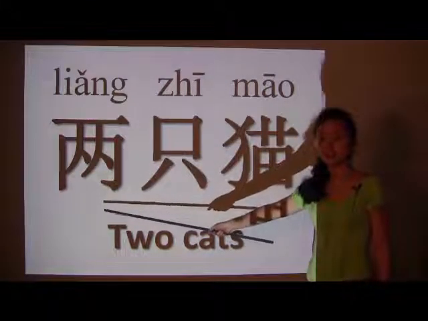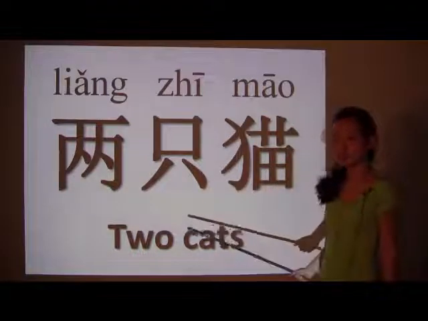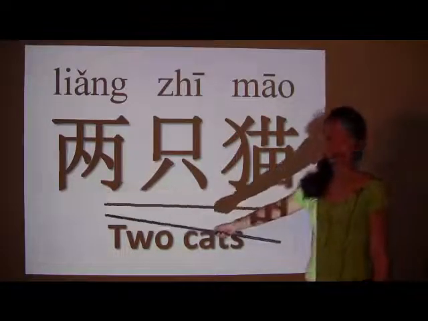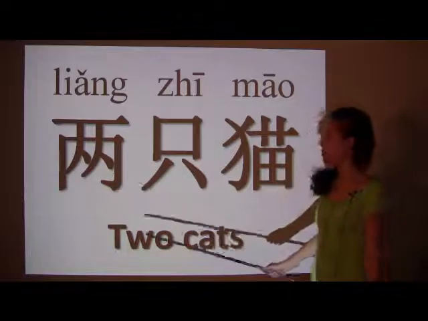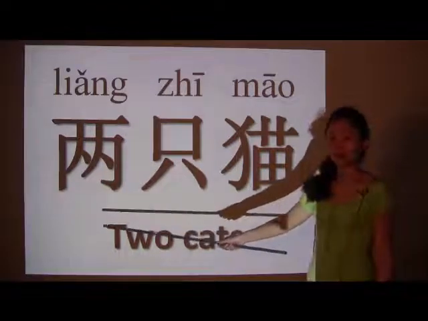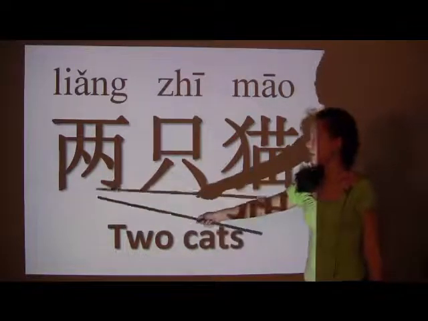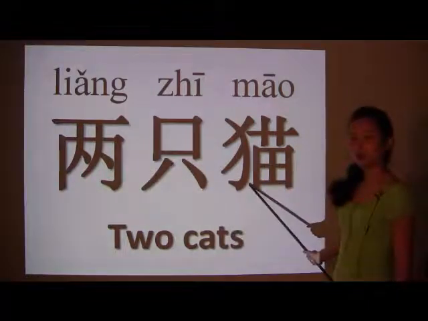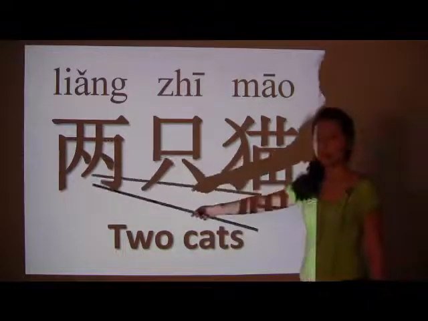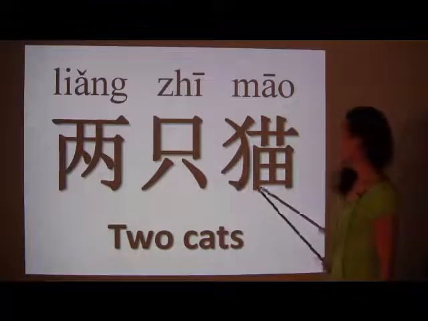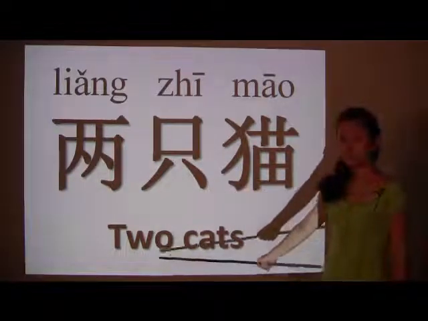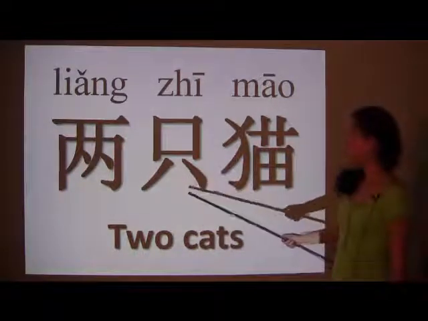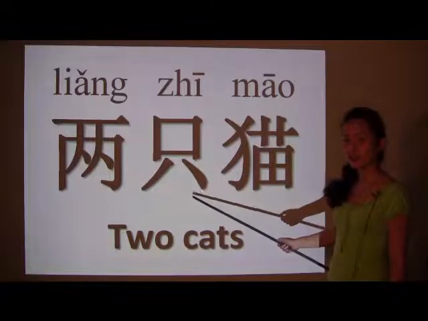This is the form you use when you're putting it with articles. And this is just a rule that you're going to have to abide by. So, when you read it all together, it says 两只猫. 两只猫 for 2 cats. And 只 is for animals.